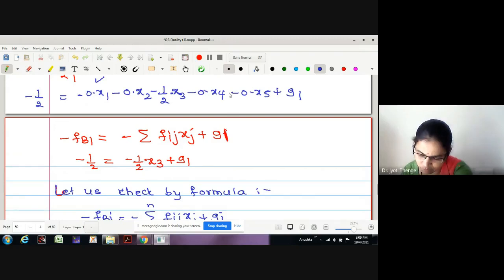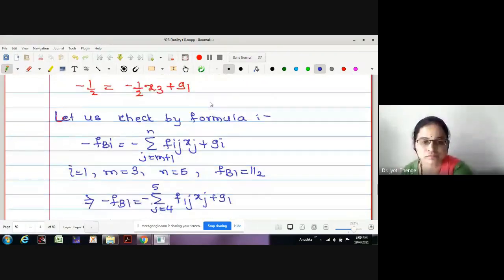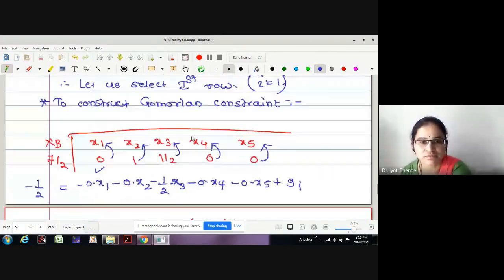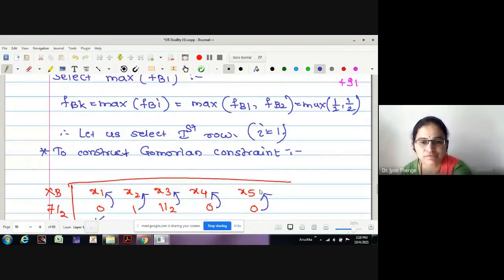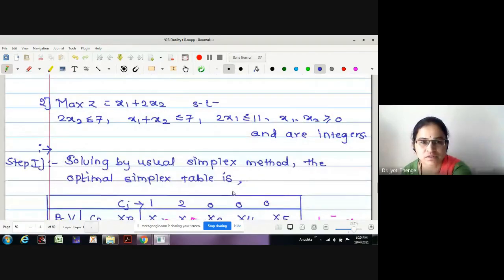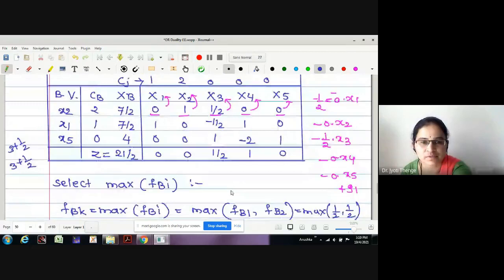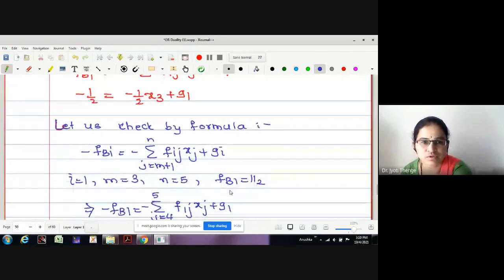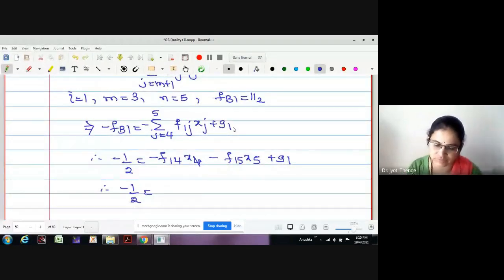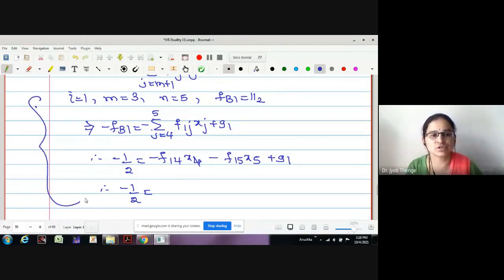One three, one four, two three. We are doing some mistake. 1415. 1415 or 00, no? Number of basic variables 3. Number of total variables is 5. This is going to create some trouble. The equation is correct actually. Okay, we'll start with the equation. I will show this part later.